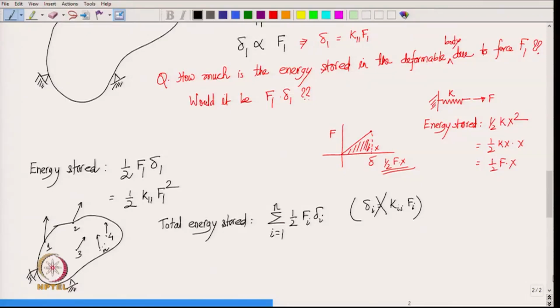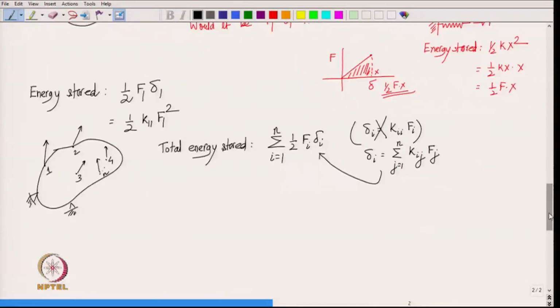So, delta_i would then be summation of terms due to all the forces, right. So, delta_i is summation over j equal to 1 to n K_ij F_j. Okay. And we can now plug it back in this equation, and then we get the total energy stored.